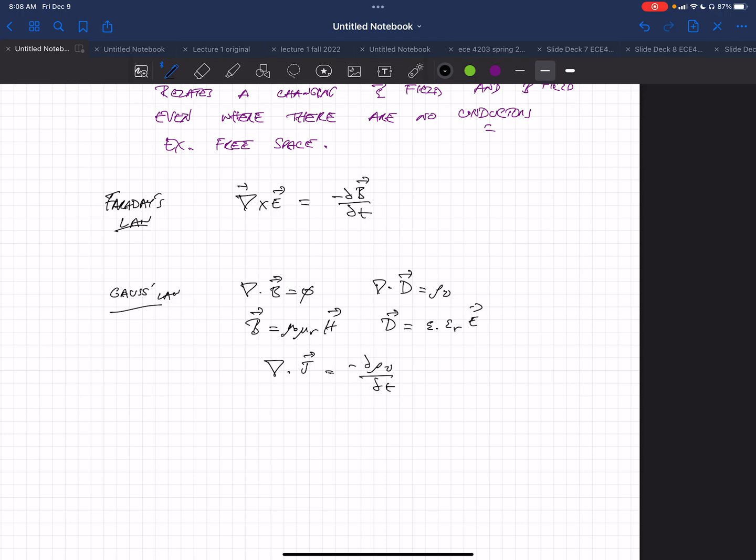What did change is Ampere's law, which is that the curl of H is equal to current density plus this displacement current.